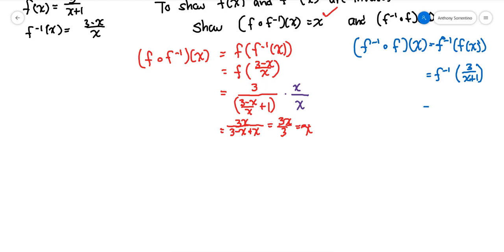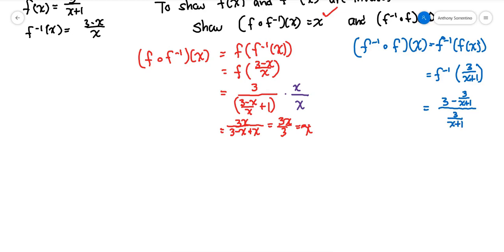Which means I'm going to go to the function f negative 1 and replace every x with 3 over x plus 1. So I'm going to have 3 minus 3 over x plus 1, all over 3 over x plus 1.